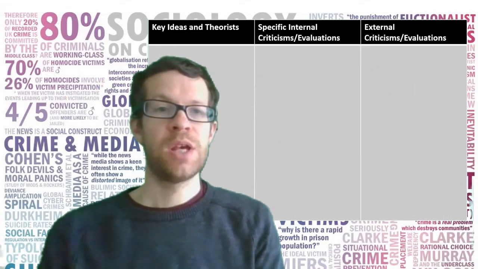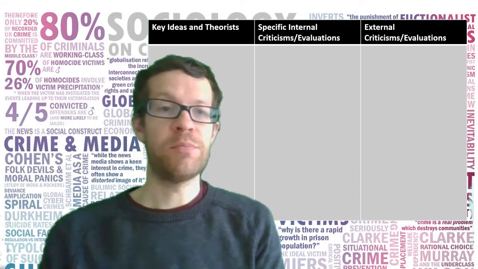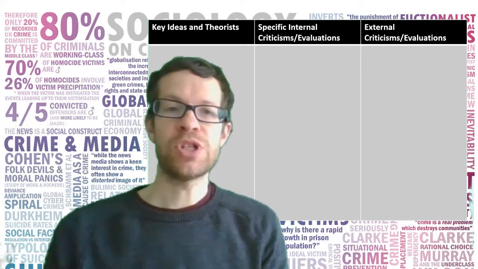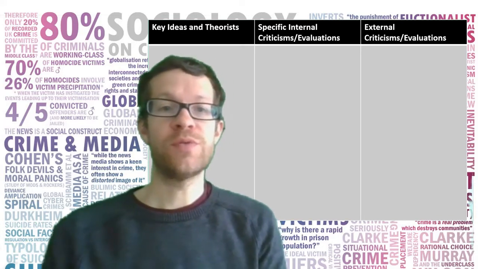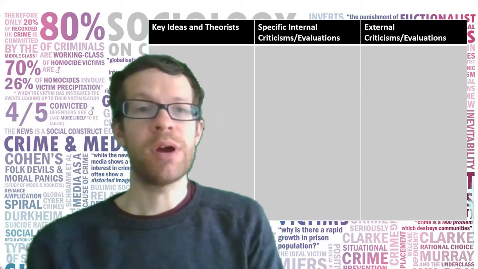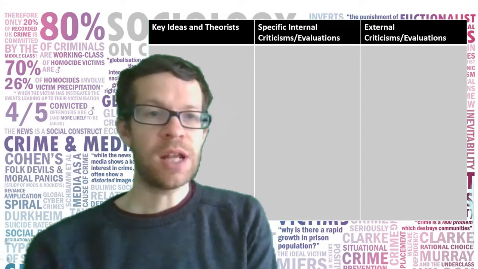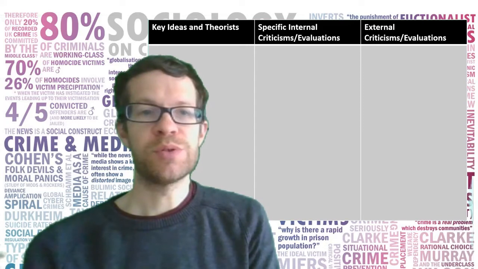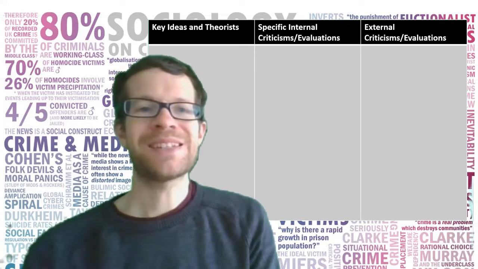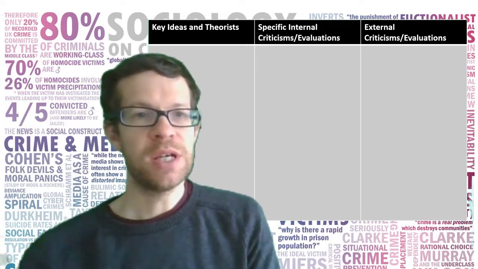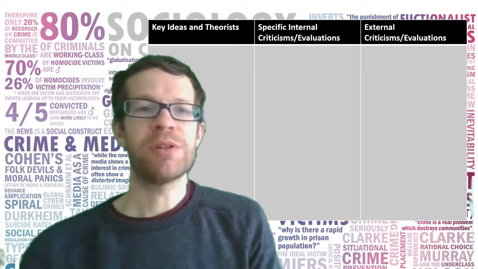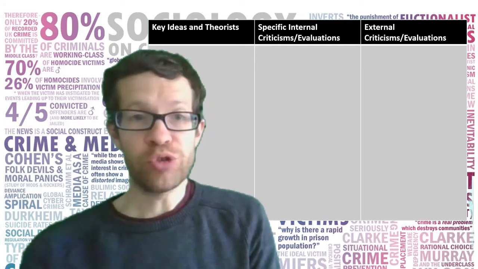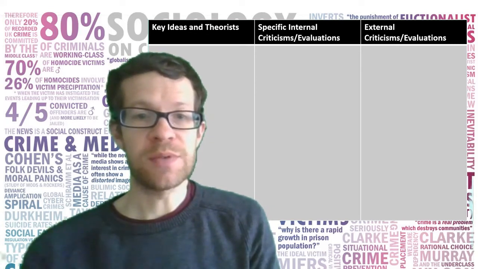Okay, so you will be familiar with this table here, which is a vehicle for developing some evaluation. All right. If you get asked an essay question or even a 10-mark question, and we're going to have a look at some of those in a moment, you will be asked about the usefulness, about the importance, about the validity, about the way in which a particular theory contributes to our understanding of crime and deviance.